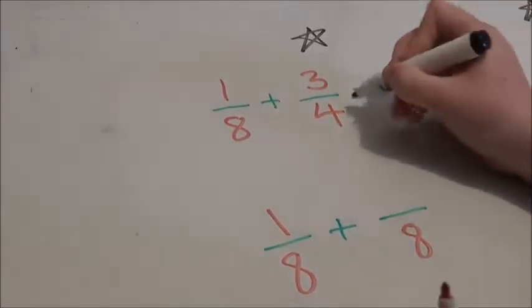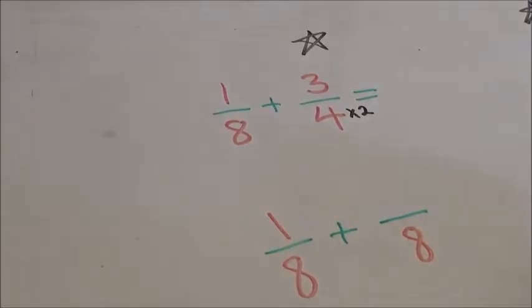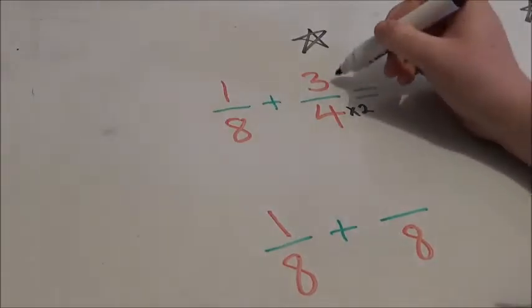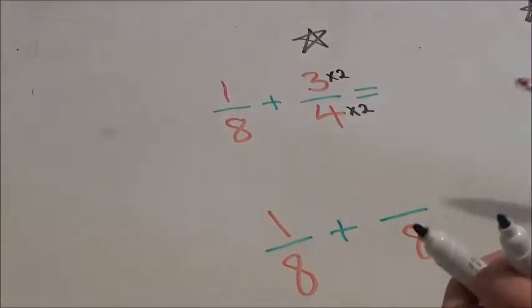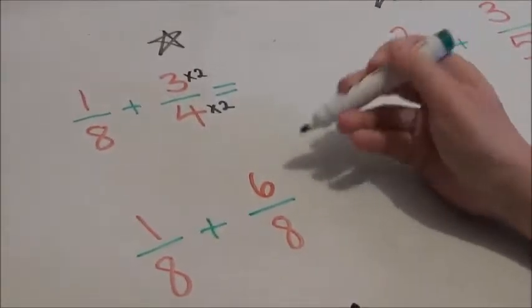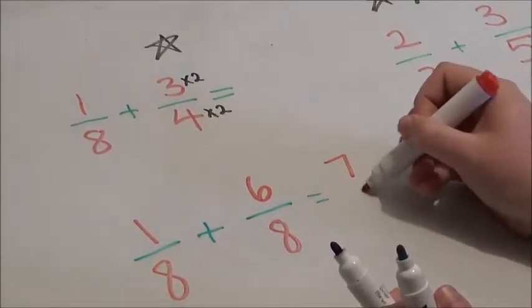So I times 4 by 2, I cut each section of the whole fraction into 2 more pieces. I need to times the numerator by the same amount, so 3 times 2 is 6. So now I've got 1/8 add 6/8, which is the same as 7/8.